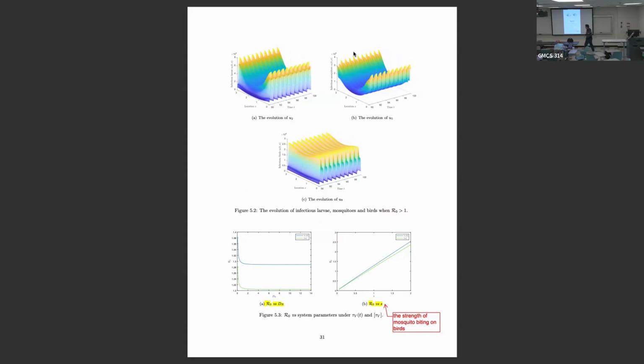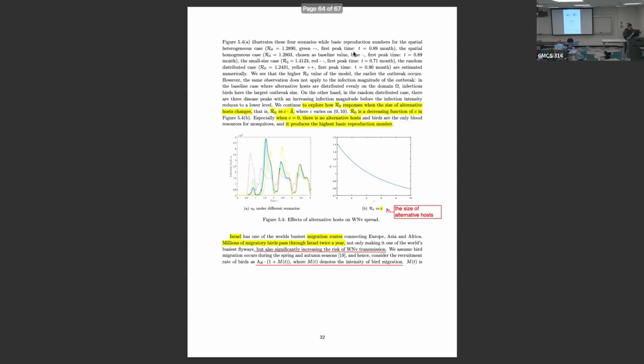Initially you can see it decreases, and then it is constant. We also have some data about alternating hosts. If the alternative hosts increase, then of course the mosquito can bite other animals, right? So the reproduction number decreases. Yeah. And I think that's all. Okay. Thank you very much.